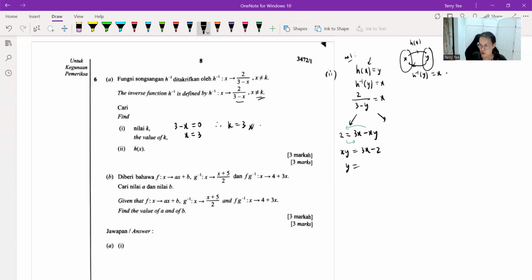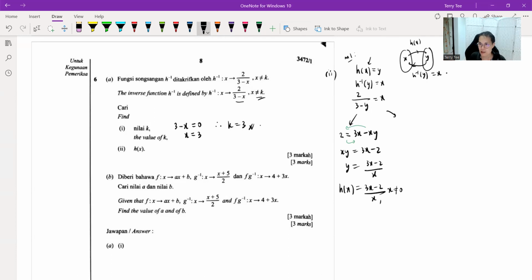So I get 3x minus 2 over x, and my y is my h(x). So this is 3x minus 2 over x. And since your denominator has x, and your denominator cannot be 0, we write x not equal to 0.